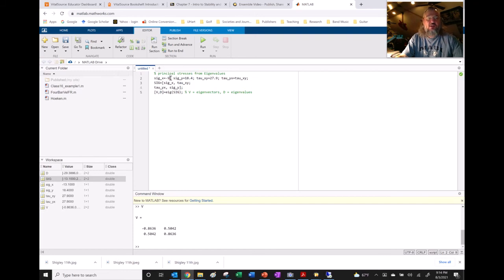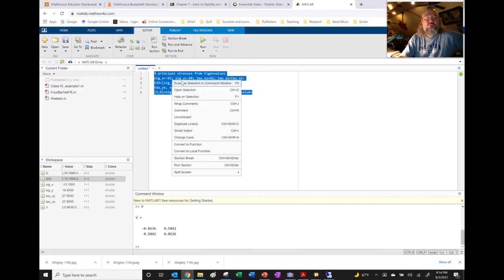No, I guess no, I'll do it correctly. Negative 62 for sigma x. Sigma y is going to be a negative 94. And tau xy is going to be equal to 42. And everything else is just script.